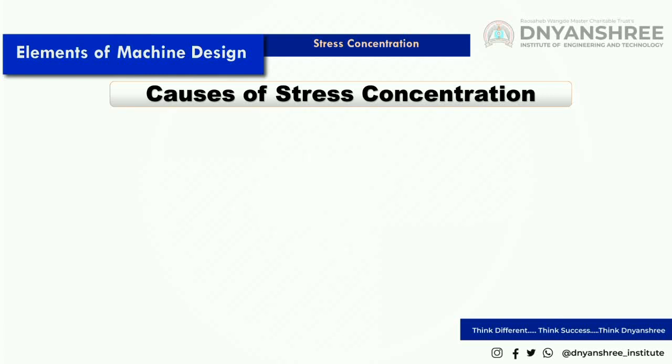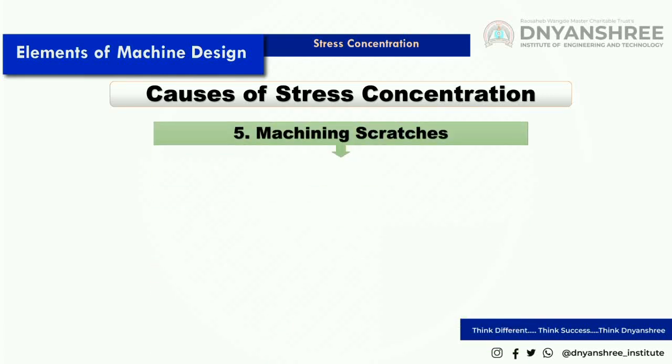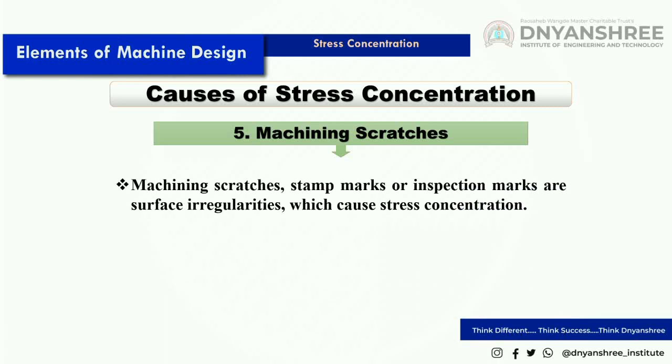Now the next cause is machining scratches. Machining scratches, stamp marks or inspection marks are surface irregularities which cause stress concentration. There are no machining processes which give you a high surface finish.